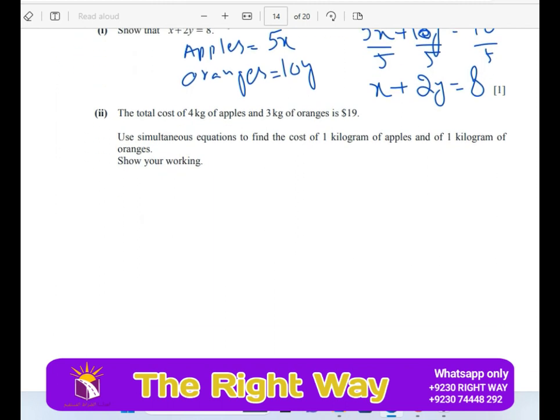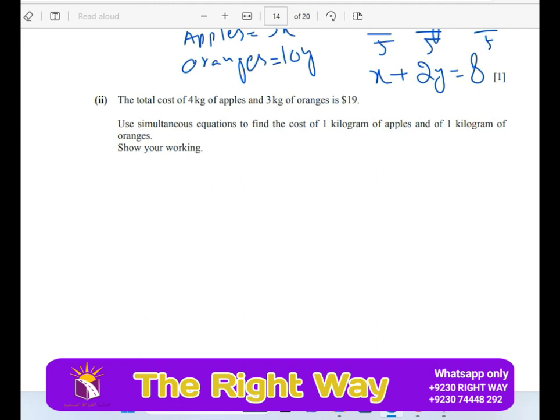The total cost of 4 kg of apples and 3 kg of oranges is $19. Use simultaneous equations to find the cost of 1 kilogram of apples and 1 kilogram of oranges. Now we have first equation, x plus 2y equal to 8. And now we are given 4 kg of apples plus 3 kg of oranges will be equal to 19.